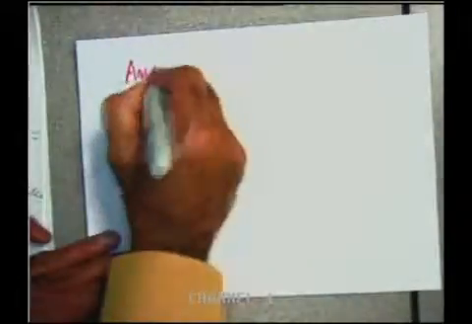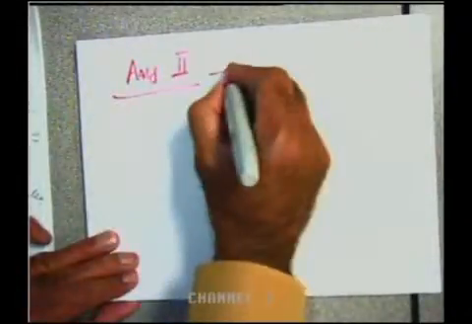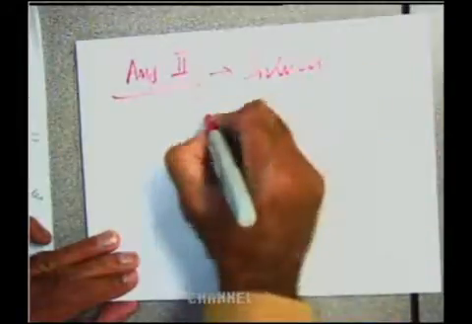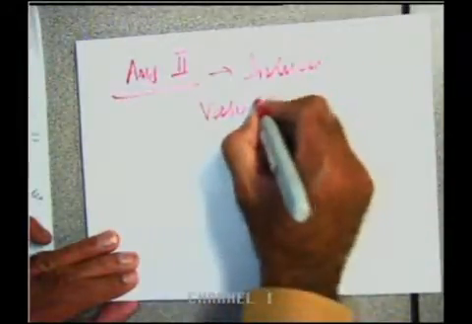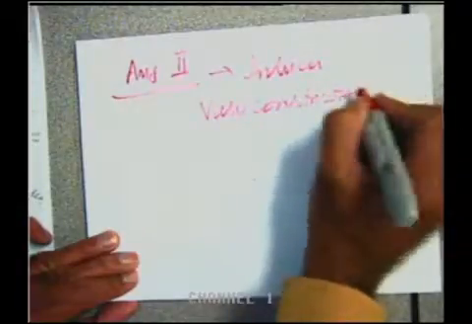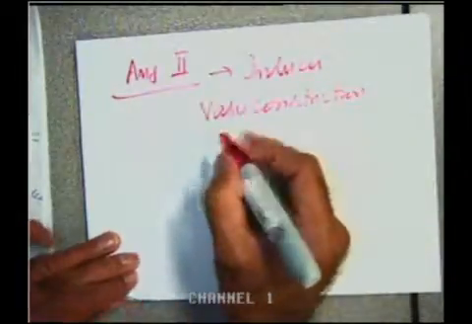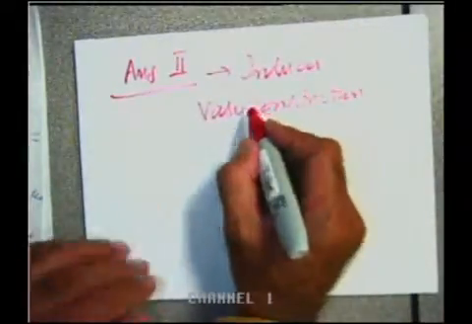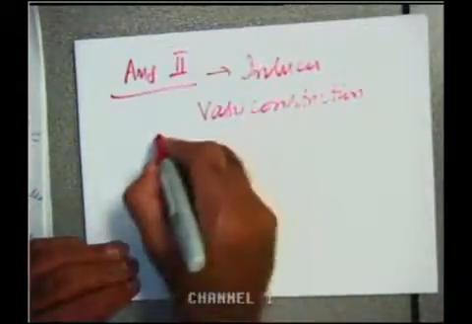Ang2 in the blood induces vasoconstriction. Vasoconstriction means it narrows the vessels, reducing the vascular diameter.